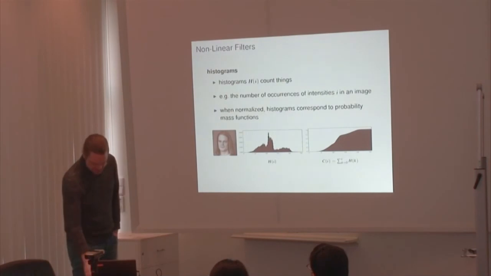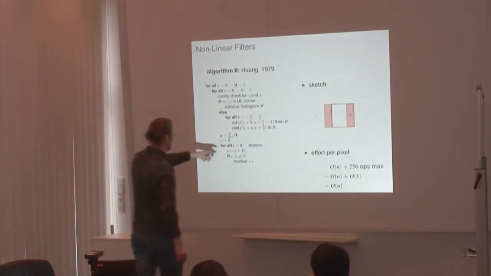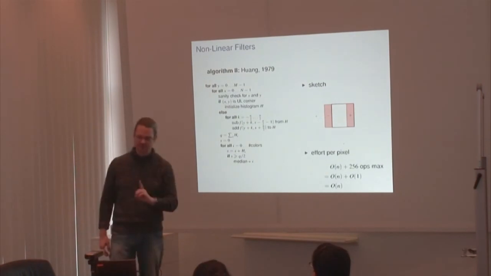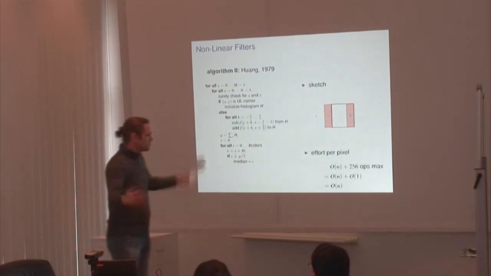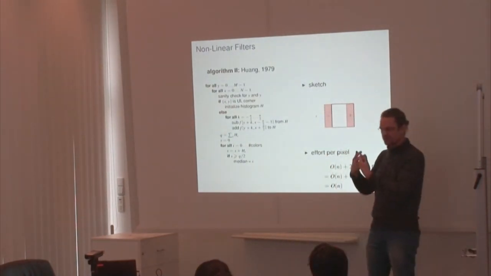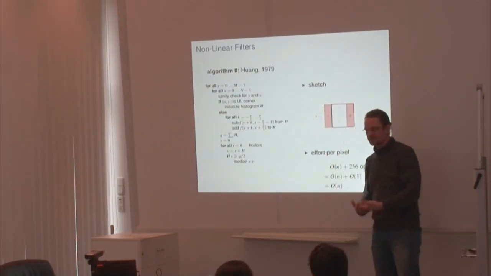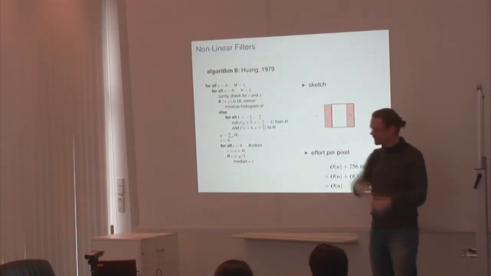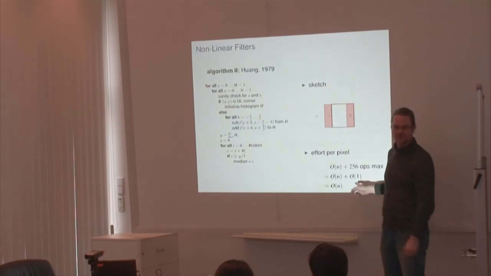So the worst case is that this for loop goes over 256 iterations if we are talking about intensity values. But 256 is something that is always 256. This does not depend on the size of your filter mask whatsoever. This is O of 1.